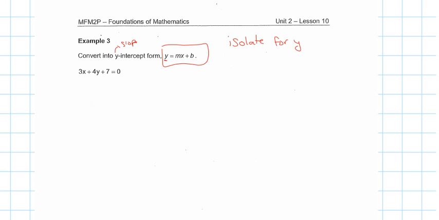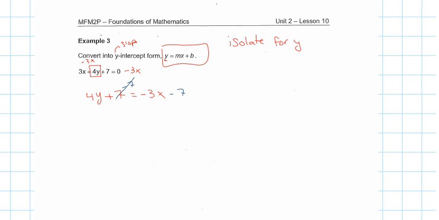So I want to leave this here, so I have to subtract 3x from both sides. So that's 4y plus 7 equals negative 3x. And then I want to subtract 7 because I have addition by 7. So if I subtract 7 from both sides, I get rid of the 7.